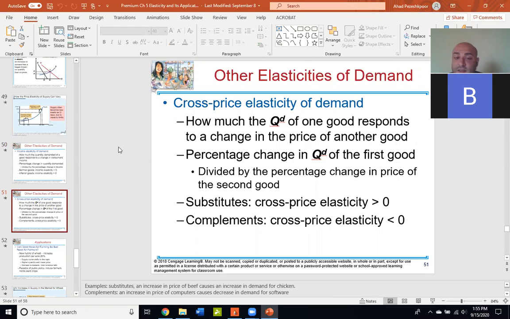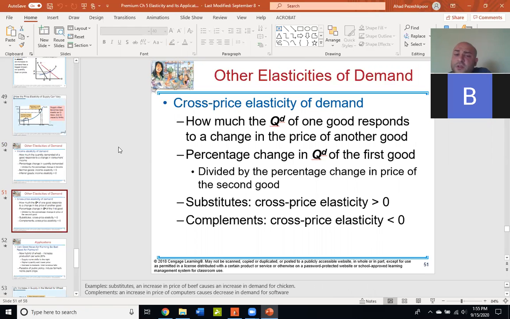Another type of elasticity is cross price elasticity of demand. How much my demand for a certain good would change when prices of other goods change.